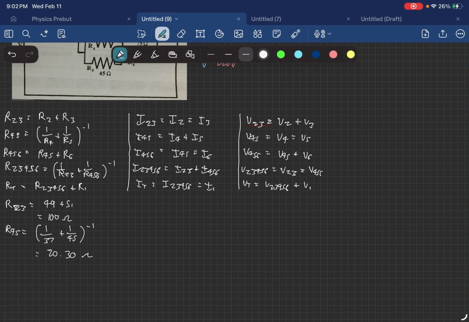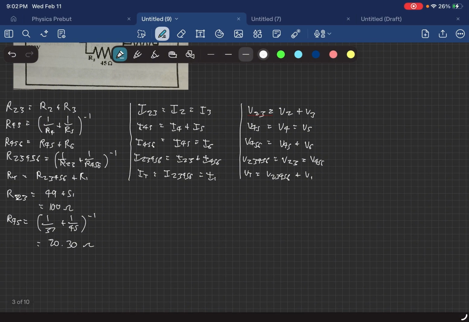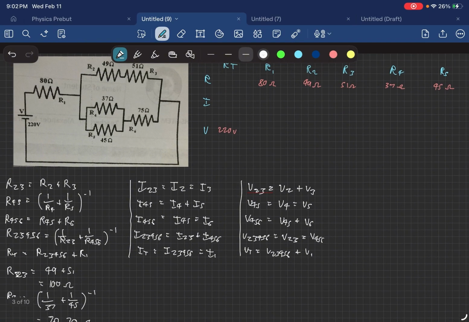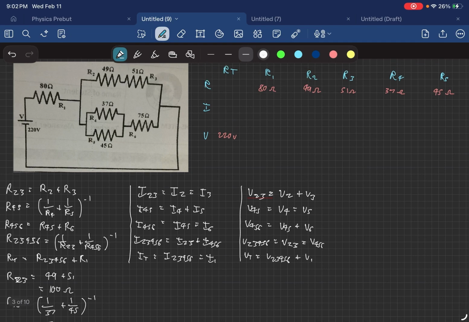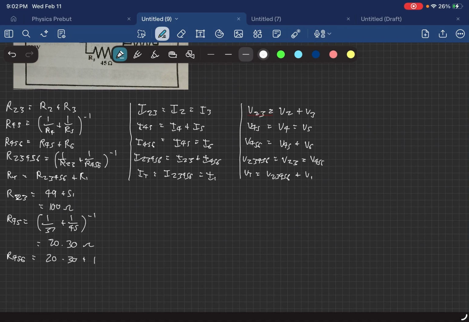That's our R45. Then R456 is equal to our R45, which is 20.30 ohms, plus R6, which is 45 ohms.